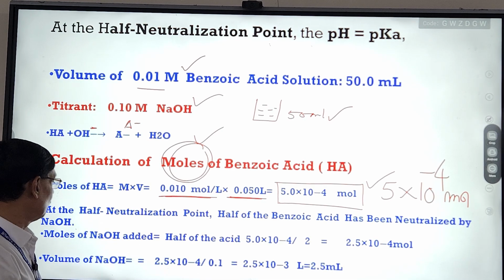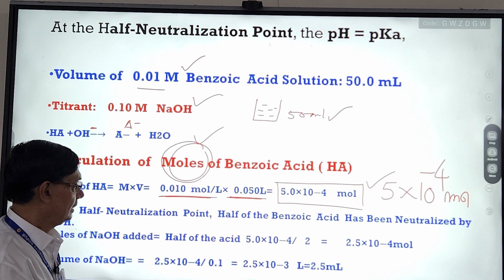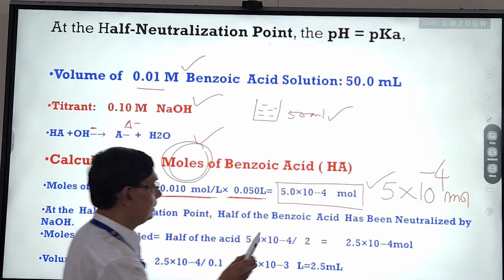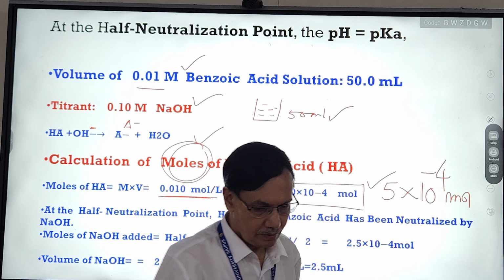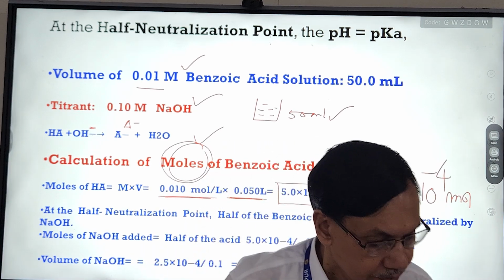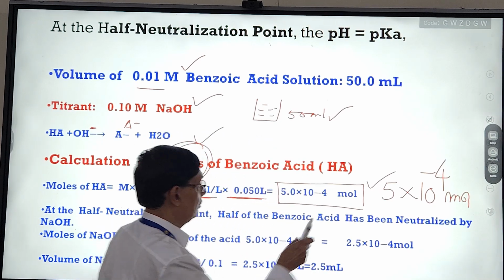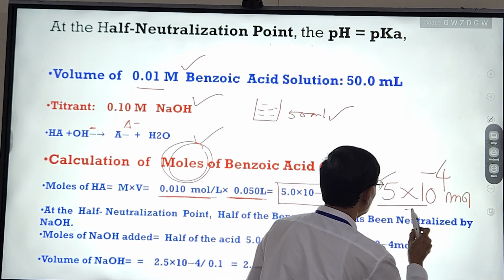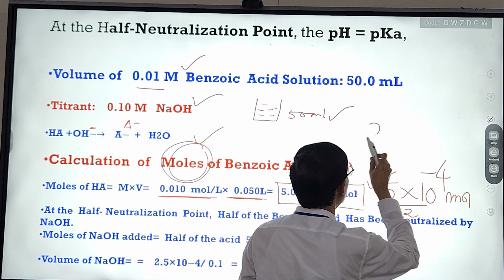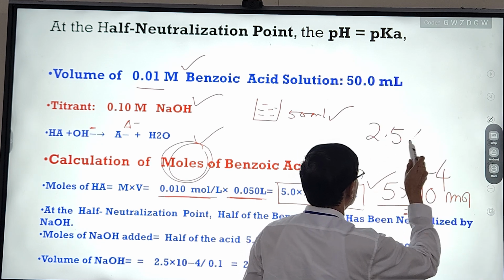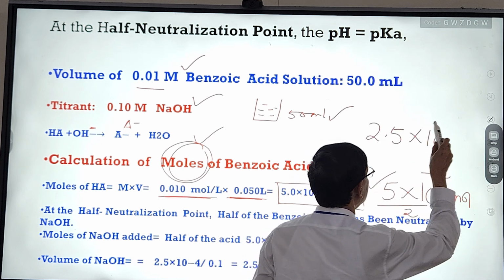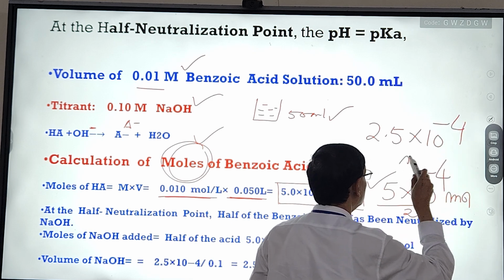So I can calculate the moles of sodium hydroxide added, half of the acid. So again, it is 5 divided by 2, and as I have told, 2.5 into 10 to the power minus 4 mole.